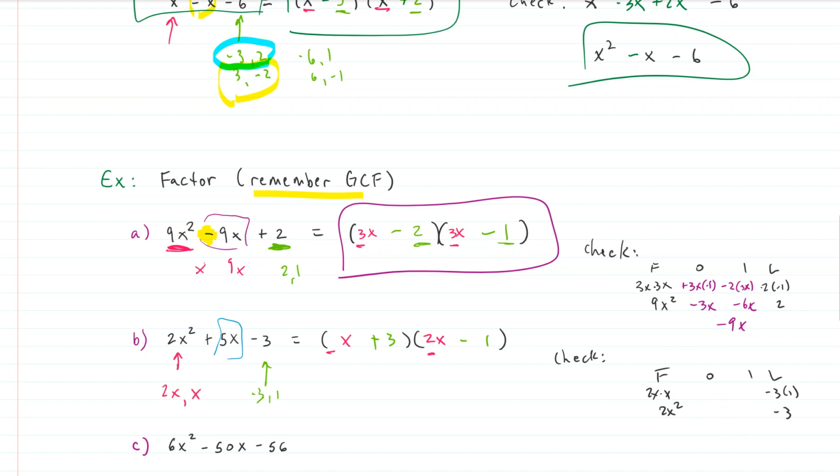Again, we're going to try our trial and error. We're going to do the inner and the outer terms. So the outer term is just negative x, and the inner term is 6x. And you add those together, and we get 5x. That is what we want. So that's it. We got it. We found the correct factoring.